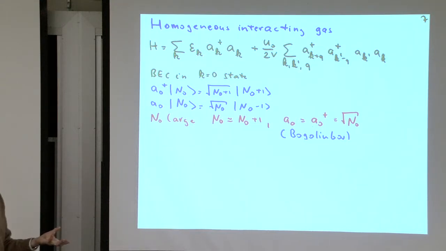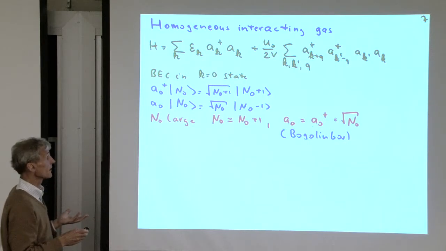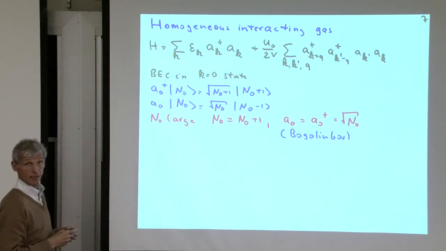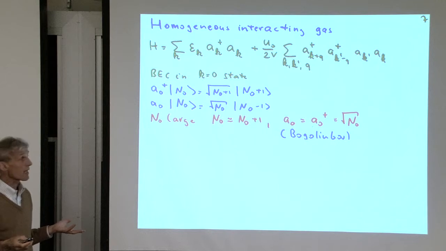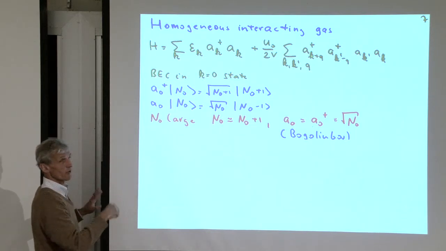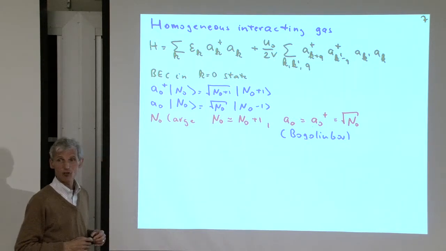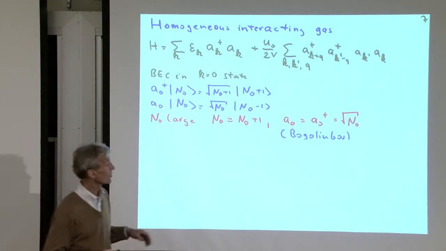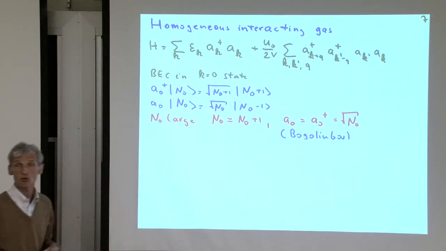Well, when we have a condensate where many, many atoms are in one quantum state, we can make the Bogoliubov approximation. The Bogoliubov approximation is, well, if the creation and annihilation operator in the 0 momentum state for the condensate has the following matrix element, and now you can say if N0, the number of atoms in the condensate, is large, well, we can sort of neglect the difference between N0, N0 plus 1, and N0 minus 1, and we simply make the approximation that the operators A0 and A0 dagger are replaced by the square root of N0.